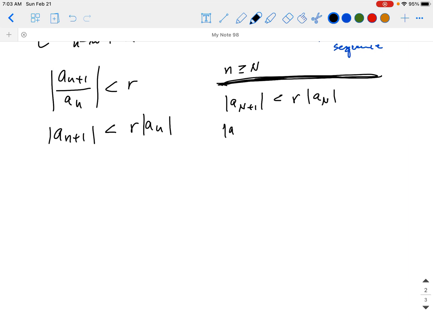And then I can say, okay, what if I go two terms past? Well, a sub N plus 2 is going to be less than r times a sub N plus 1, which is in turn less than r squared a sub capital N.